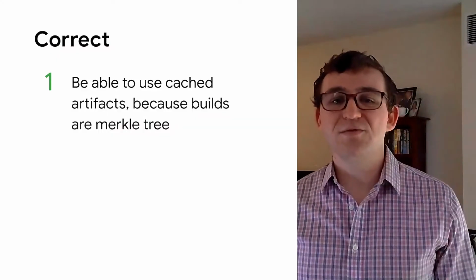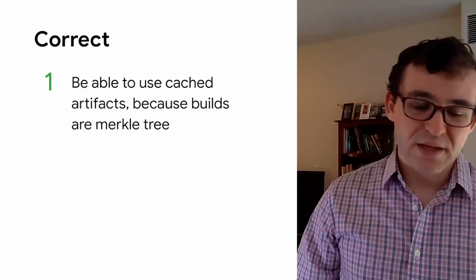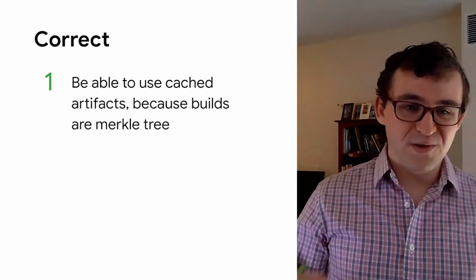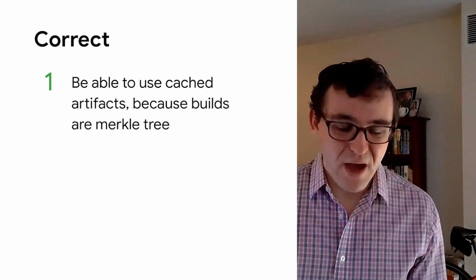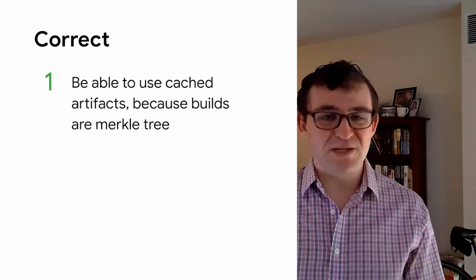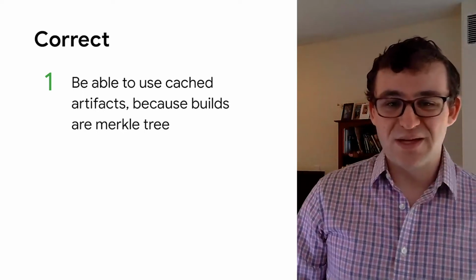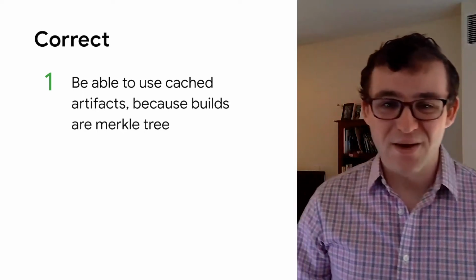So now we're going to try and motivate why we care about deterministic, aka correct builds. And it's because of this caching. To be able to use cached artifacts, and now here's a fancy computer science term warning, builds in Bazel are Merkle trees, which is a fancy way of saying it's checksums all the way down.